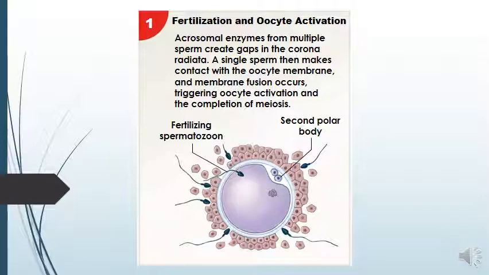A single sperm, however, will make contact with the oocyte membrane, and membrane fusion occurs, triggering oocyte activation. And when this occurs, this is when you get the completion of meiosis. So you can see in this picture here the fertilizing spermatozoon and the second polar body.